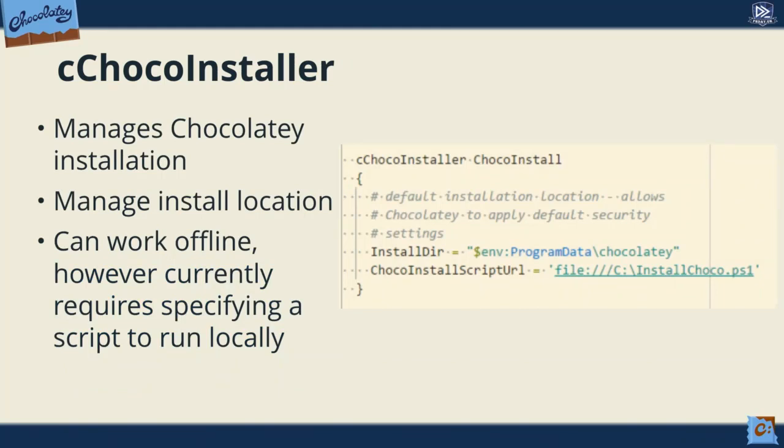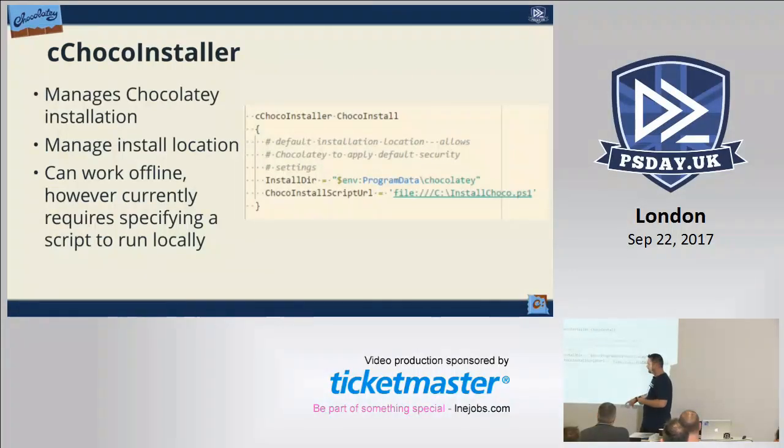So I love the verbosity of this. cChocoInstaller, and then the name, right? And we have to tell it where we're installing, even if we're going to the default location. The example here shows going to the default location. The great thing about the default location is Chocolatey will lock everything down when we go there, so we definitely want to go to that place. It's where we get locked down to administrators only for write.